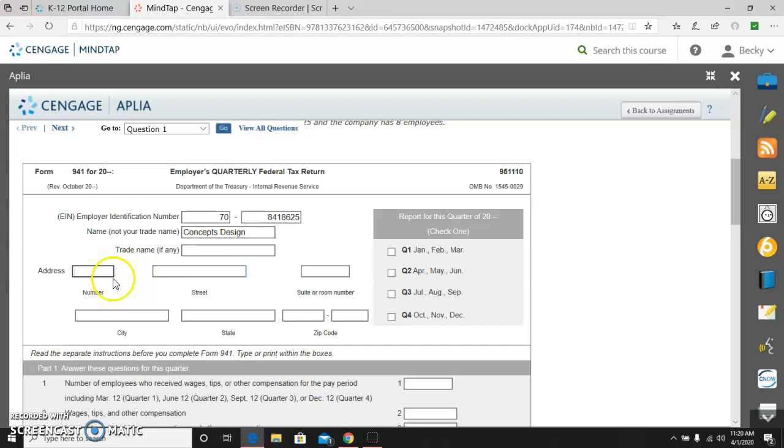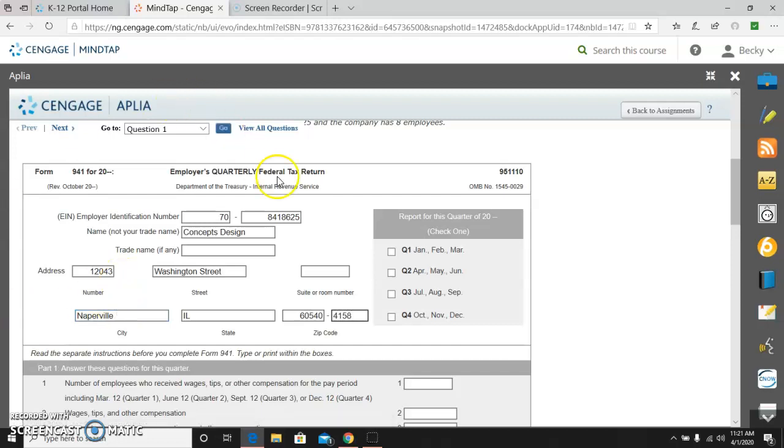The address is 12043 Washington Street. There's no suite, and it is Naperville, Illinois, with a zip code of 60540-4158.